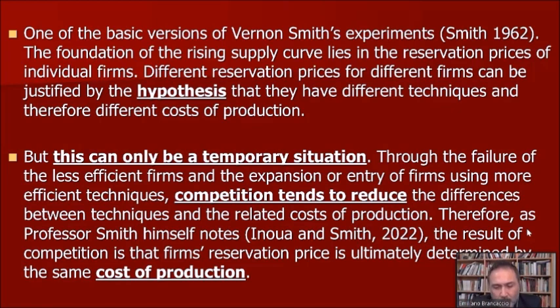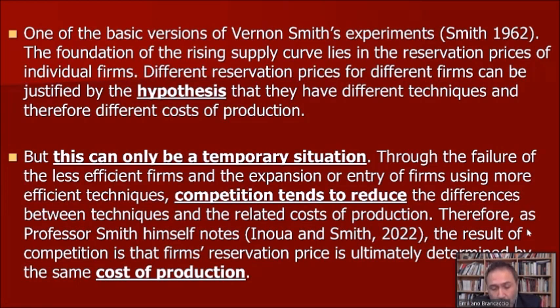The foundation of this curve lies in the reservation prices of individual firms. Different reservation prices for different firms that produce the same good can be justified by the hypothesis that they have different techniques and therefore different costs of production. It's clear, however, that this can only be a temporary situation.